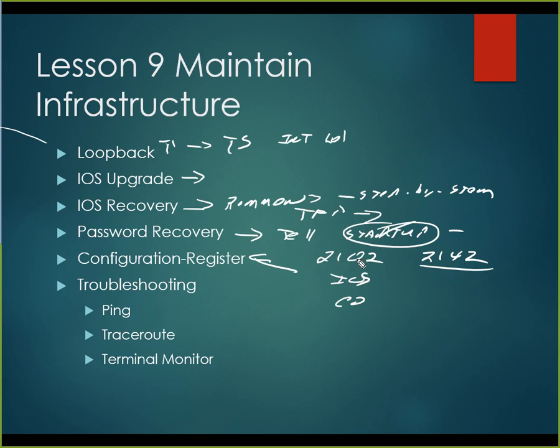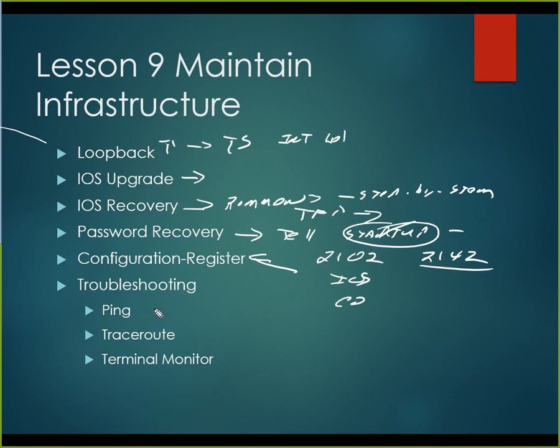If we were going to do the iOS someplace else, we would have to do it like on a TFTP server, because the 2102 says that, hey, look into Flash for the iOS. 2102, look into the Flash and look into NVRAM for the startup config, while 2142 says look into Flash for the iOS, but don't check for the startup config file.